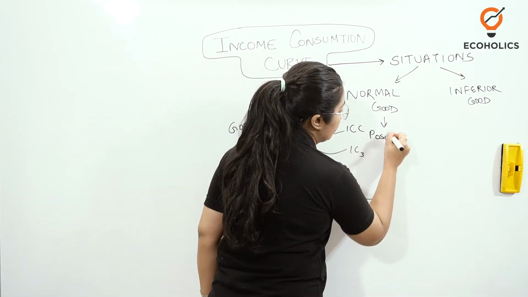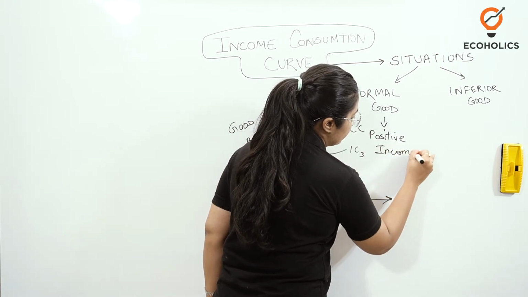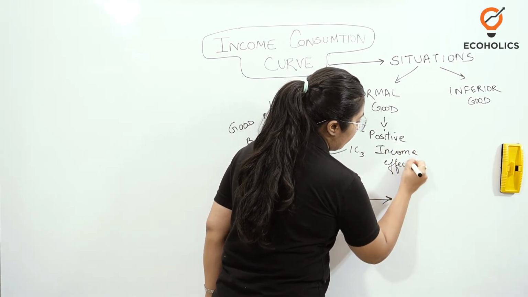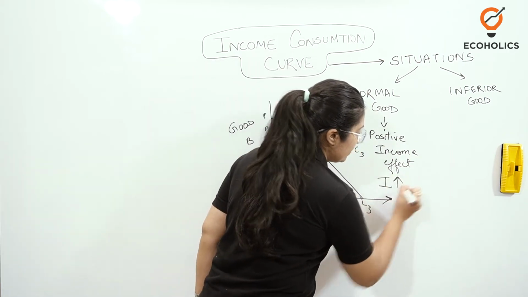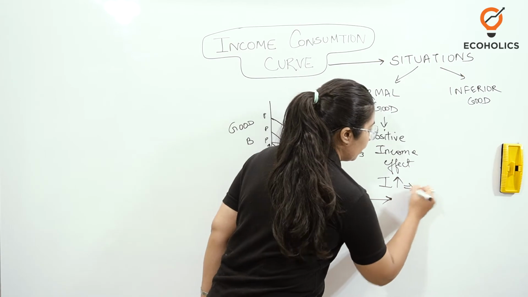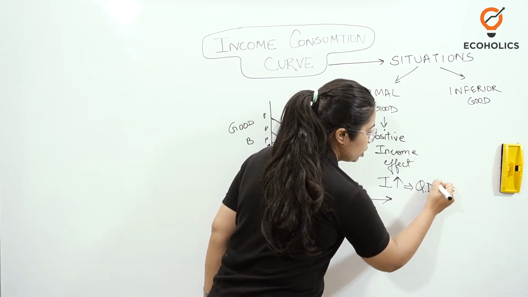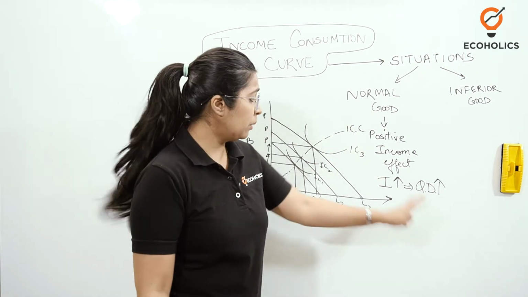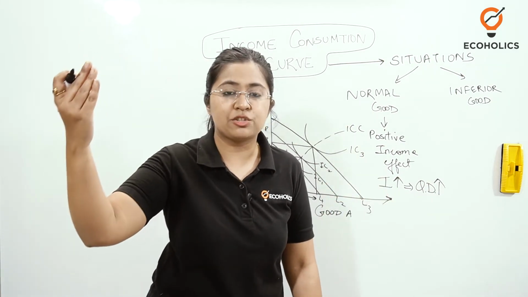A positive income effect. What do we mean by positive income effect? That when the income increases, the quantity demanded of goods also increases. Both of them are going in the same direction.